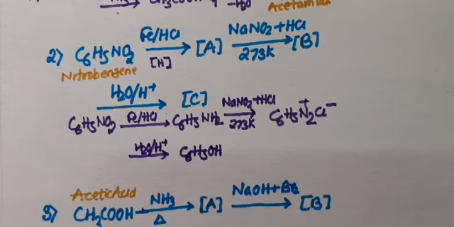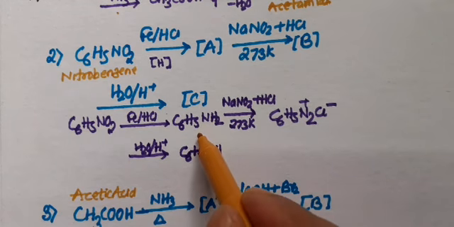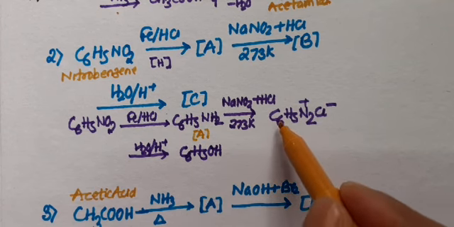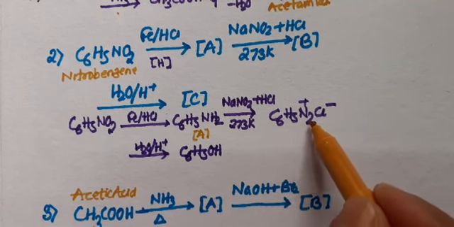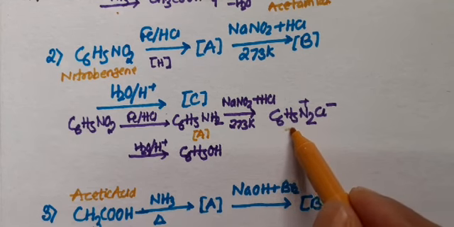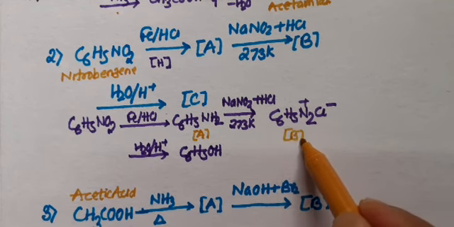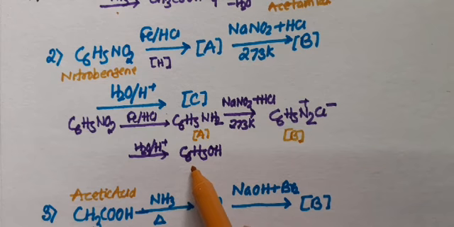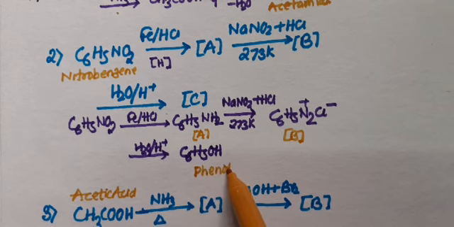So in the given reaction, C6H5NH2 is A, this is aniline, C6H5N2Cl is B, this is benzene diazonium chloride, and C6H5OH is C, and this is phenol. So by the above reactions we can identify A, B and C.